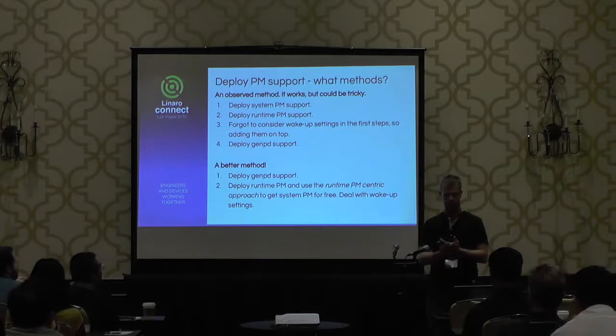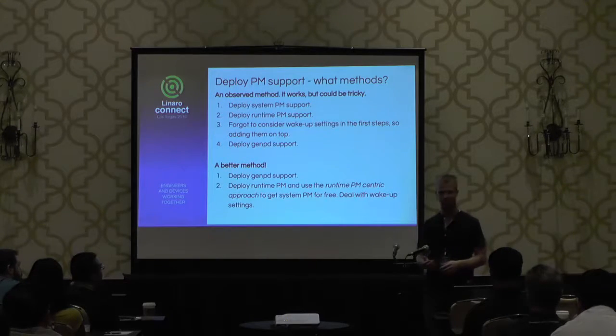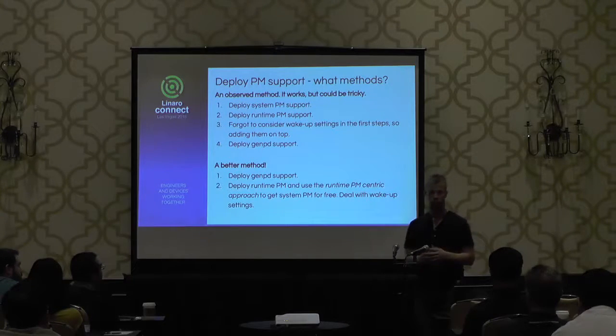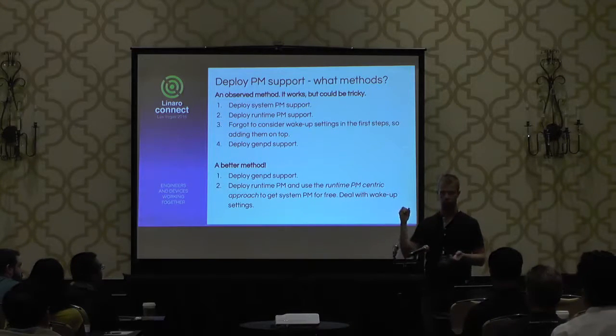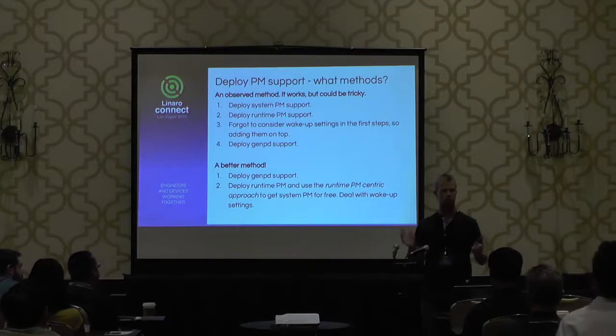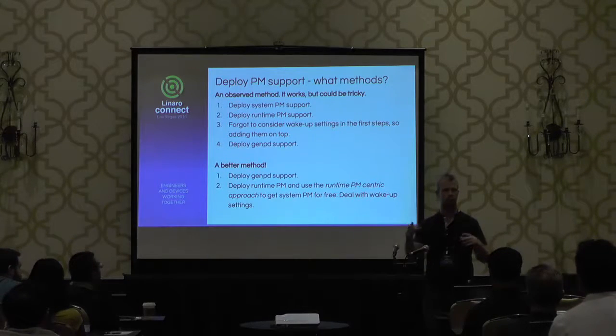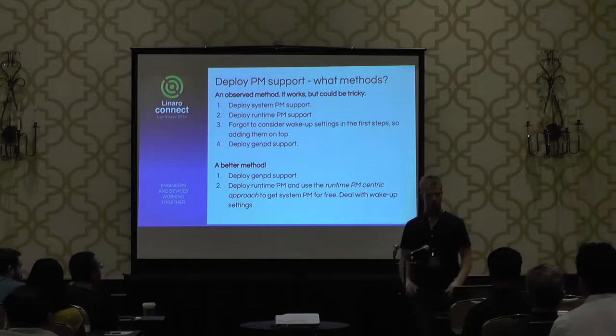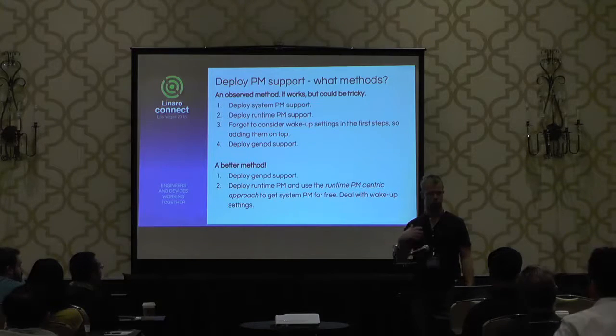What I'm saying here is that I think there is actually an easier way to do this, and it's kind of the opposite way of doing it. It's easier if you start deploying the power domain support from the beginning, where you do all the DTB updates and configure all the systems and put the devices in their respective domains. And then you start deploying runtime PM support.